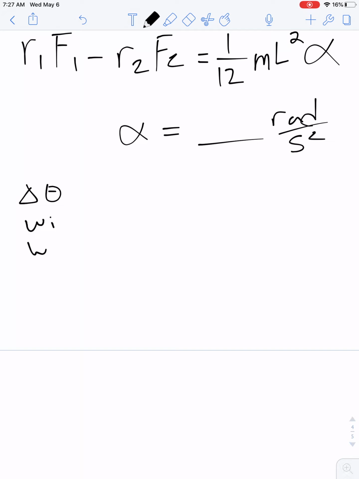So you'll go from doing this net torque stuff to this kinematic stuff. So you plug that acceleration in for there, and then you would go ahead and say, okay, the object starts from rest, and it goes for 5 seconds or whatever, and you would do your usual kinematic stuff that you guys already know how to do. So this is the gist of it.